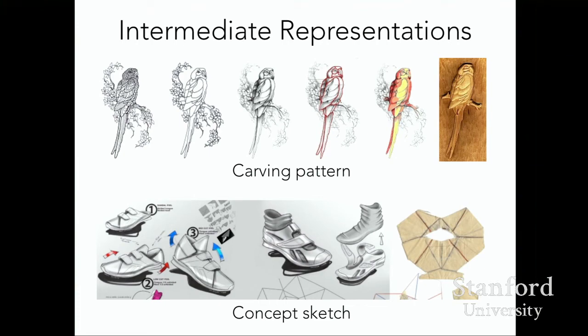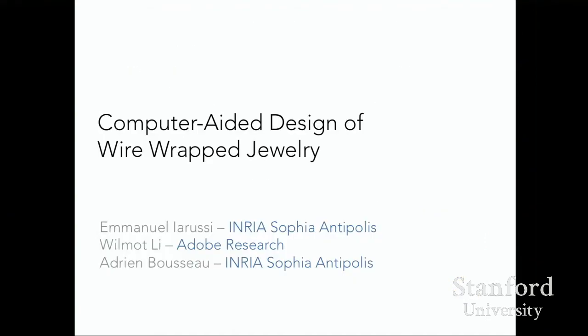And so thinking about how artists use these intermediate representations, what they do with them, how that illustrates or elucidates part of their design thinking, I think is an interesting potential opportunity. Similarly, we can think about concept sketches in product design as another type of intermediate representation. So that's a bunch of specific examples of possible techniques from art and design that we could maybe use to help inform design tools.